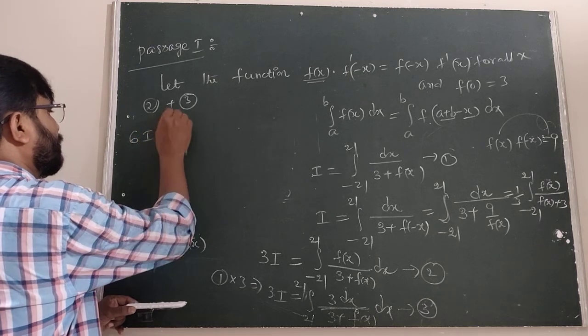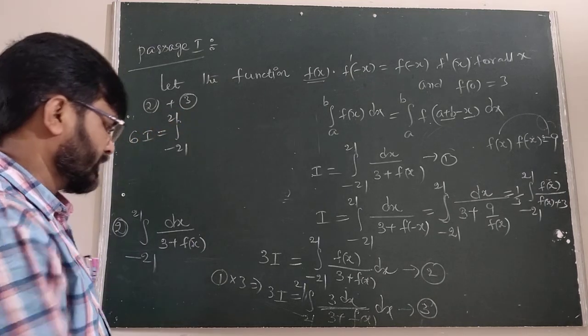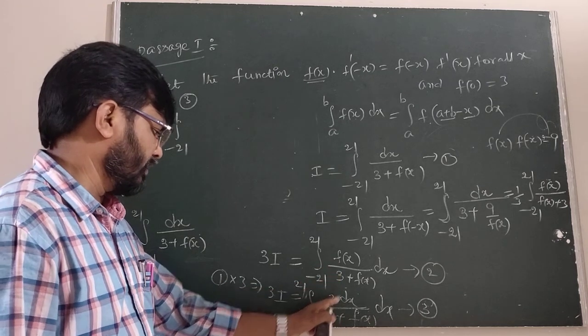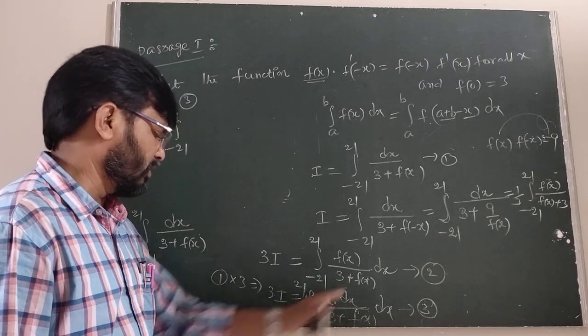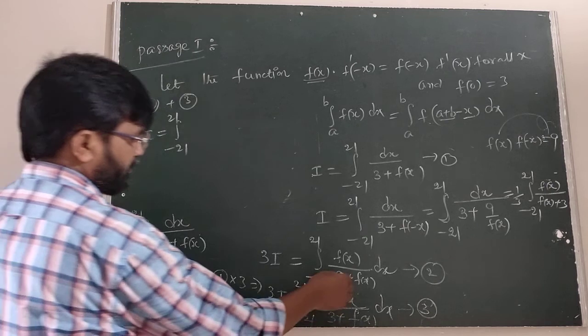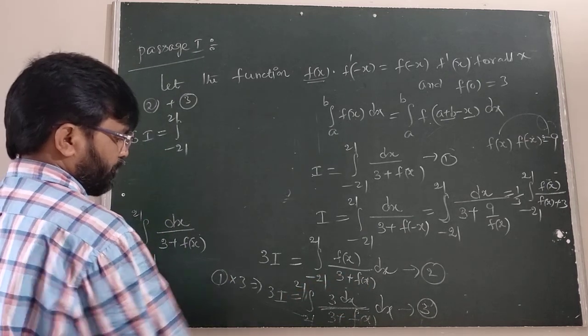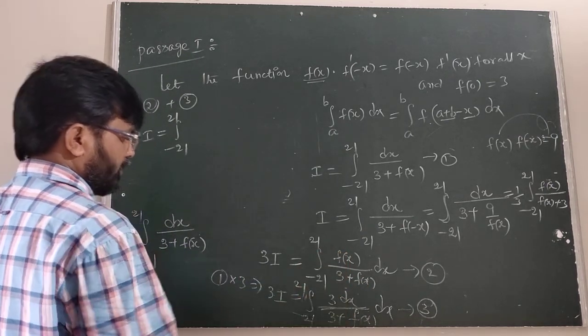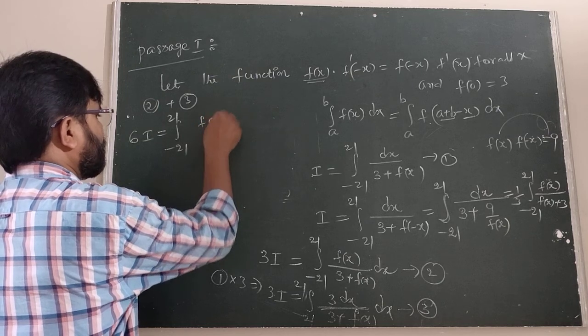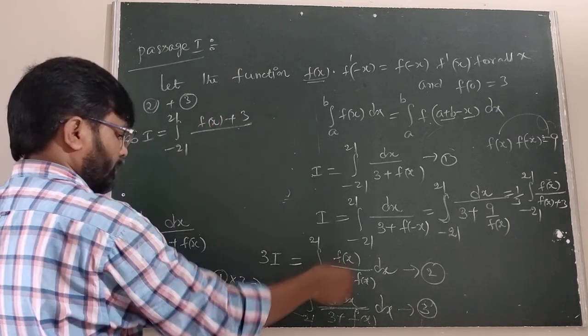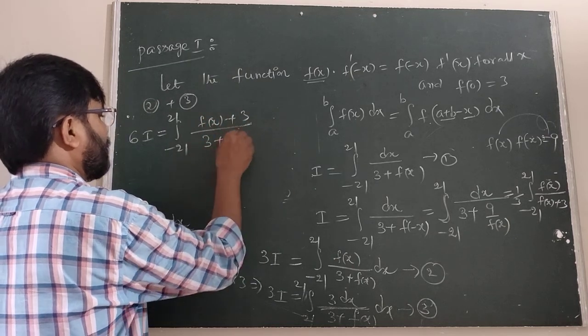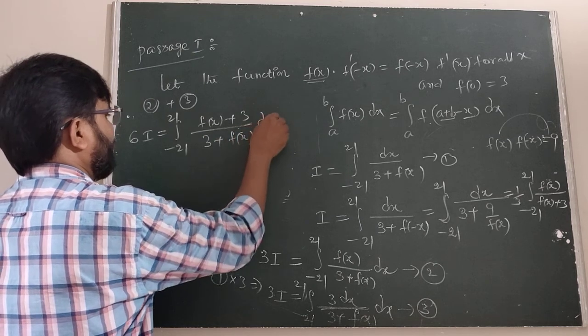Integral from minus 21 to 21. Is there 3 f of x? The denominators are equal, so the LCM is 3 plus f of x. Now adding the numerators, it will be f of x plus 3 upon 3 plus f of x into dx.